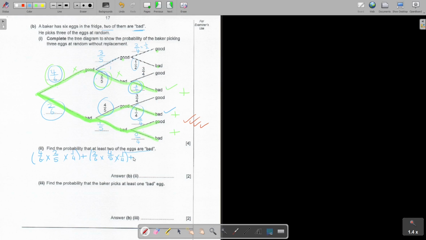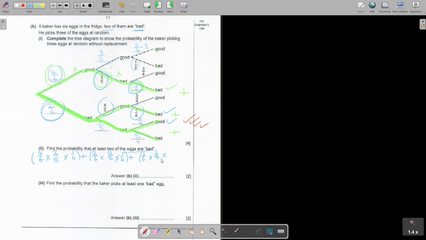Plus, and now I am at this one, 2/6 multiply 1/5 multiply 4/, where am I? I'm at the third one.